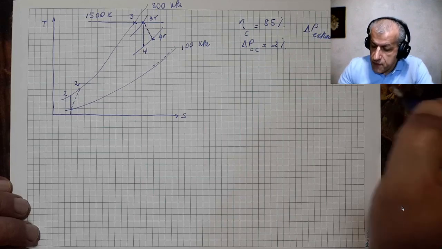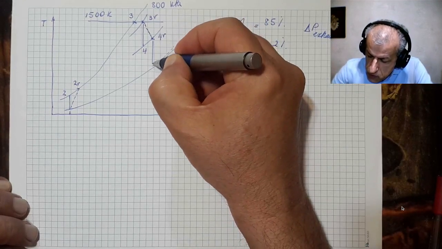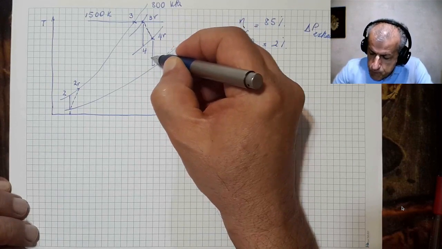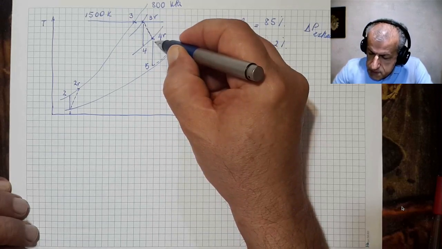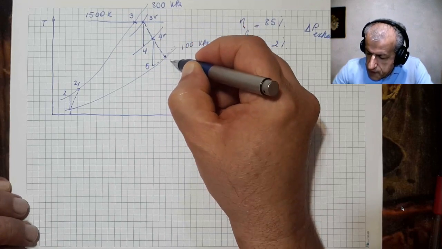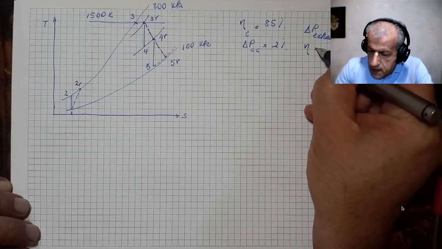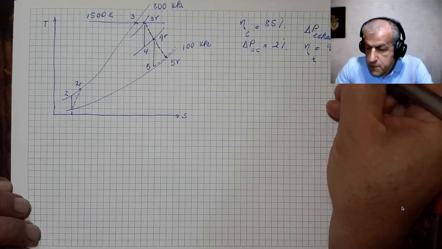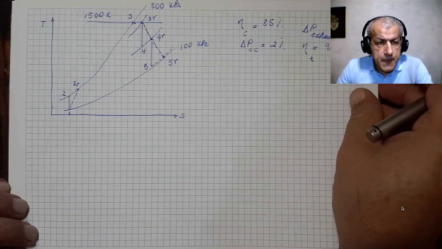Now, therefore, the ideal turbine would expand to point 5, but the real turbine would expand to point 5R, and the efficiency for the turbine, eta for the turbine, could be 90%, which is not an unrealistic value.